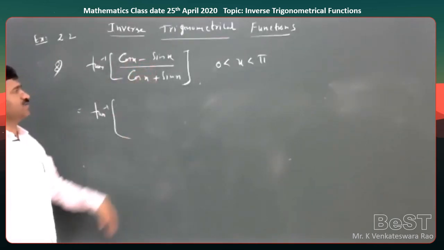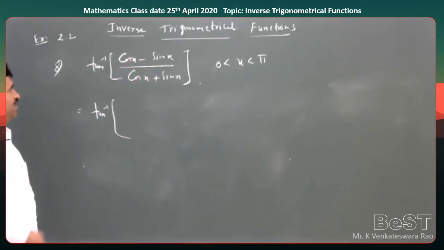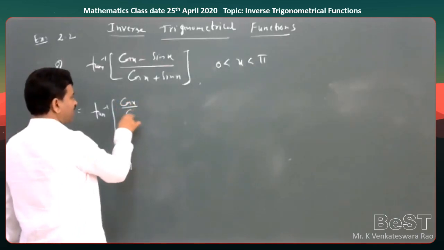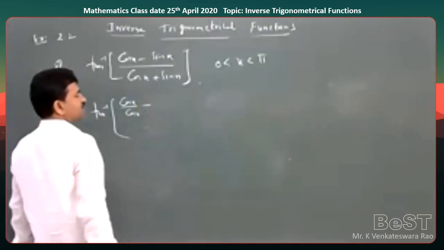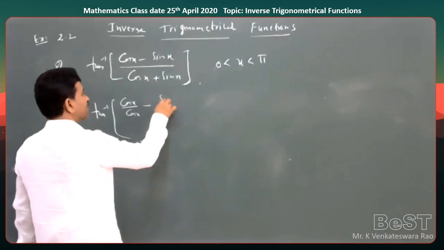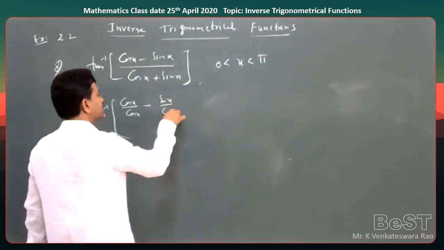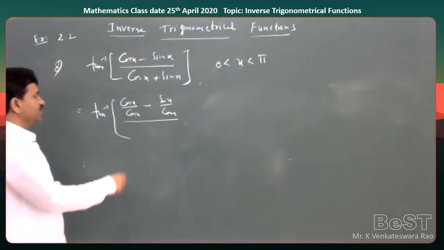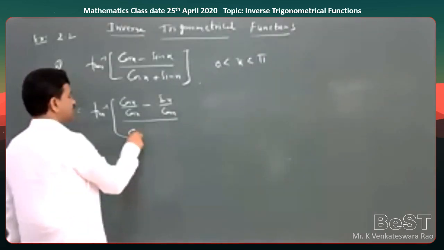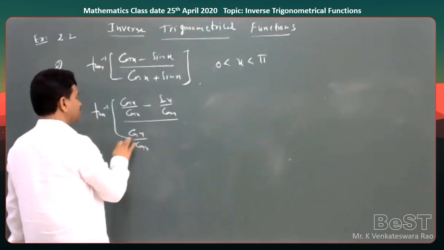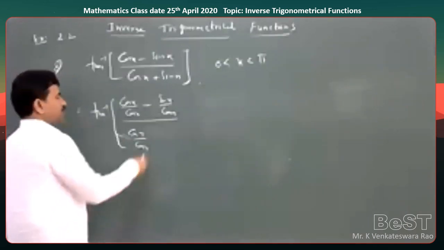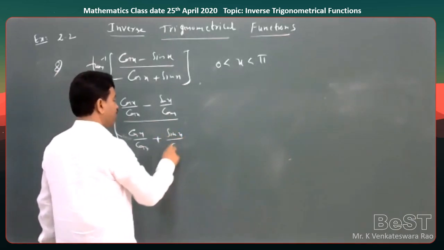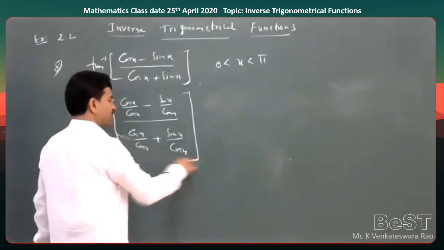So do that one activity: dividing the numerator and the denominator with cos x. We can divide each and every function. Cos x by cos x, sin x by cos x in the numerator, and in the denominator cos x by cos x plus sin x by cos x.